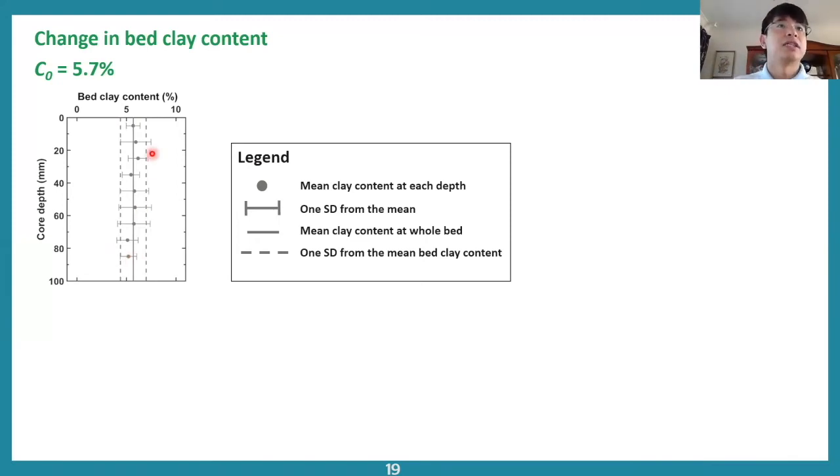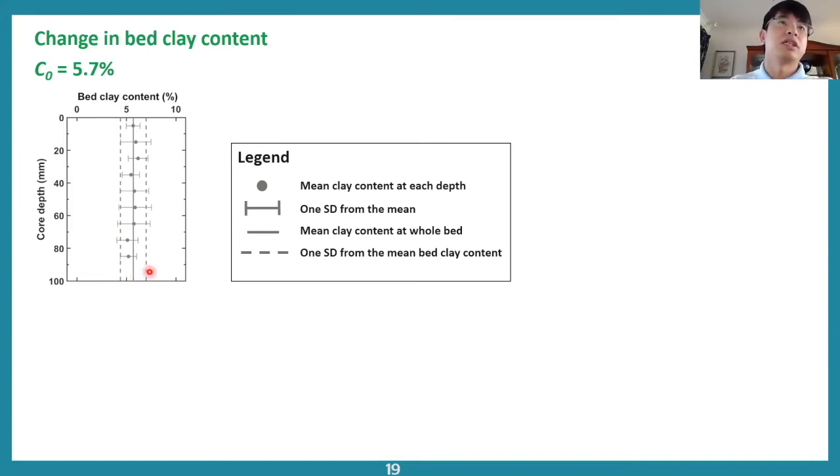The gray dot denotes the mean clay content at each depth, and the horizontal bar denotes the one standard deviation from the mean. The gray vertical line represents the mean clay content through the whole bed, and the vertical dashed gray line denotes the one standard deviation from the mean.